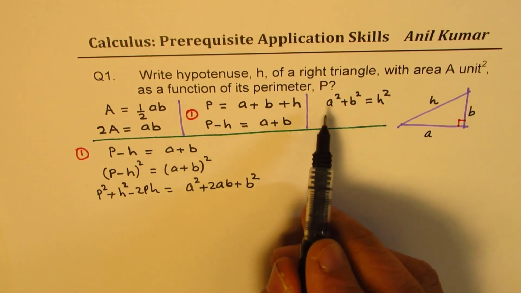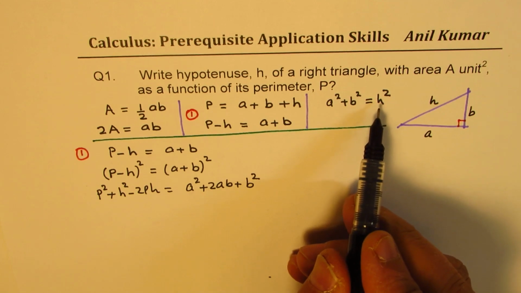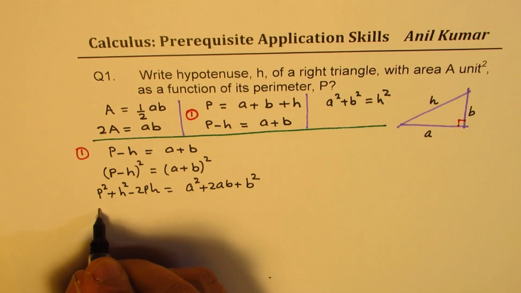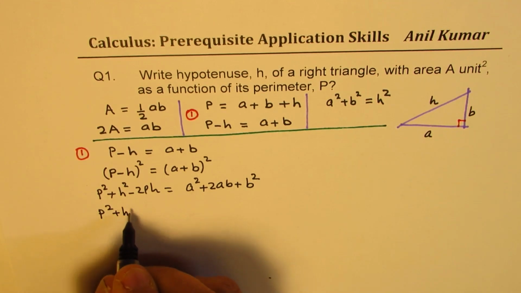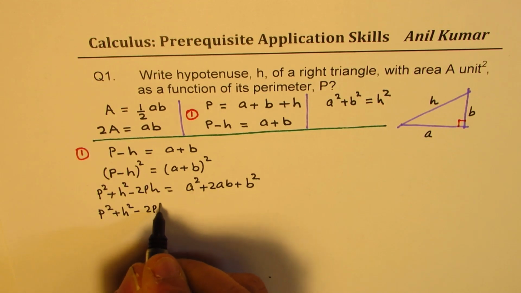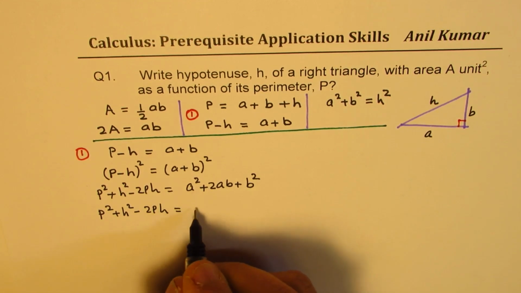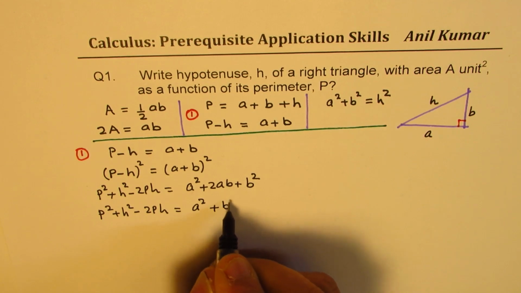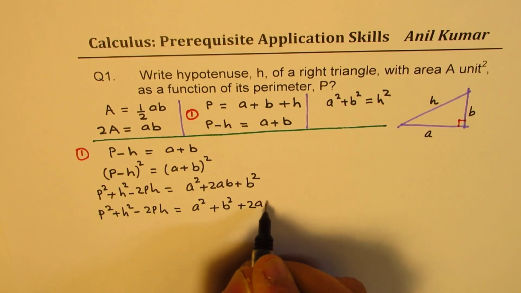Right, now a square plus b square is h square, correct? So what we see here is we have P square plus h square minus 2Ph equals a square plus b square plus 2ab, right?